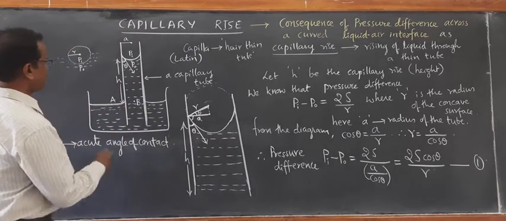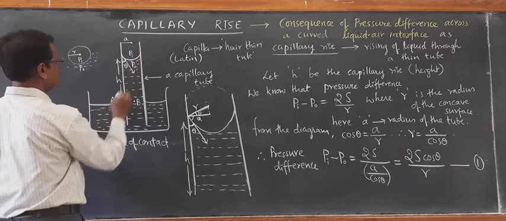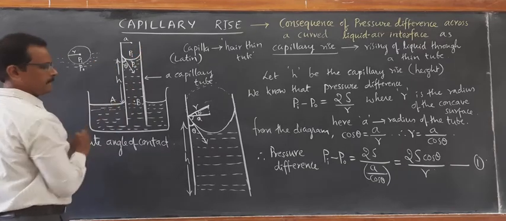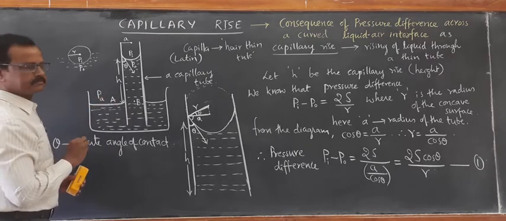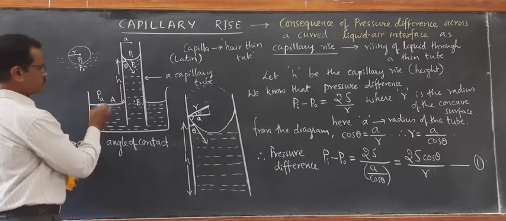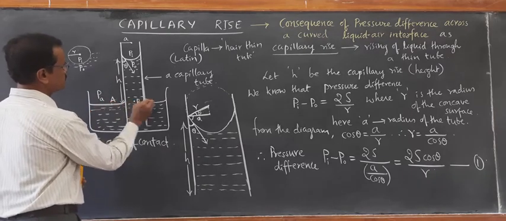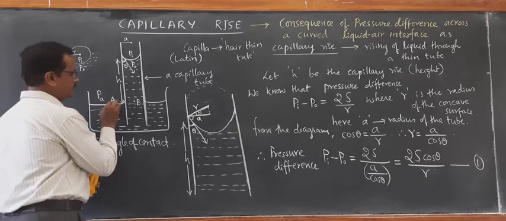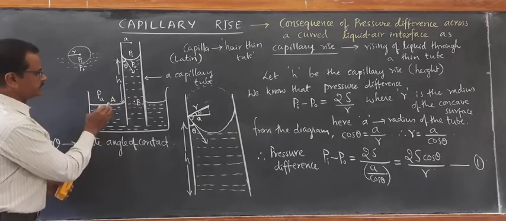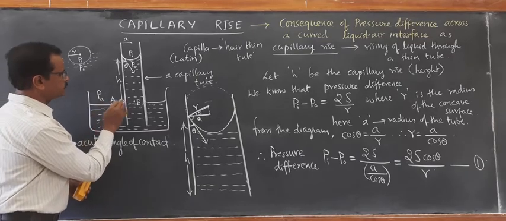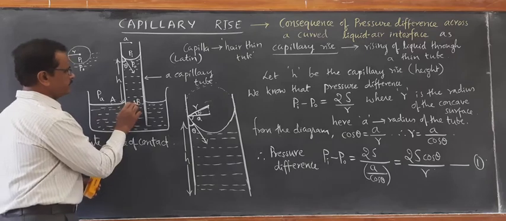Now you know pressure Pi here is nothing but atmospheric pressure, and pressure at A is also atmospheric pressure because it is exposed to air. From this diagram, pressure at A must be equal to pressure at B in equilibrium. Now, what is pressure at B?